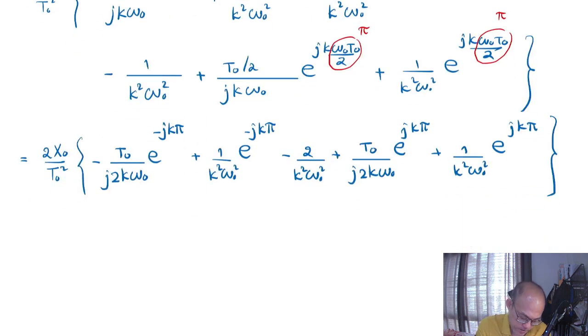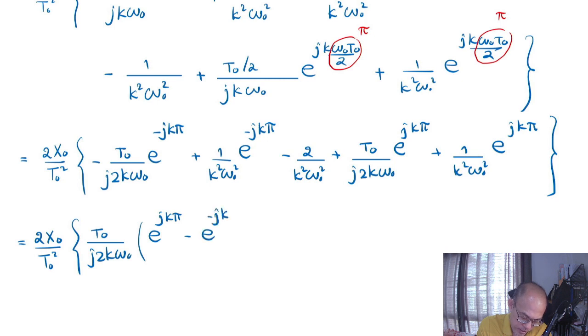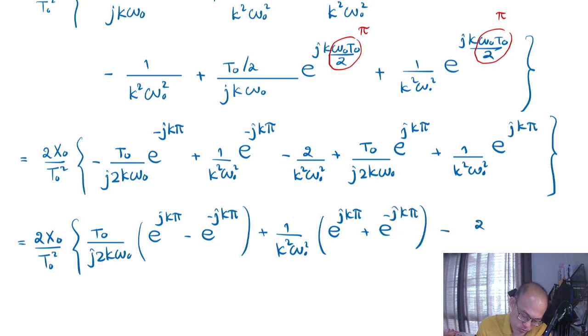Now, okay, this is 2x0 over t0 squared. Inside is t0 over j2k omega 0, and that is j times e to the jk pi minus e to the minus jk pi, and then plus 1 over k squared omega 0 squared times e to the jk pi plus e to the minus jk pi, and minus 2 over k squared omega 0 squared.